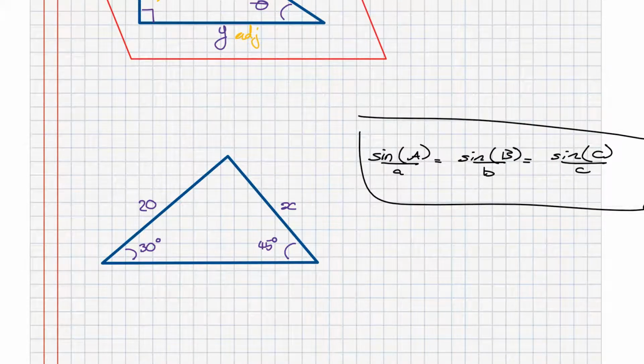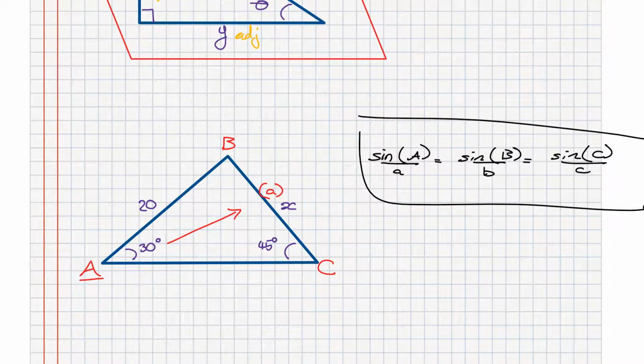Now, to make use of this rule, we have to use a new naming convention for our triangles. With non-right-angled triangles, notice that we don't have a right angle, and we don't necessarily always have one angle to work with. So what we do is we arbitrarily name each corner of the triangle, or each angle of the triangle, A, B, and C. And then the side opposite the corner inherits the lowercase letter of this.